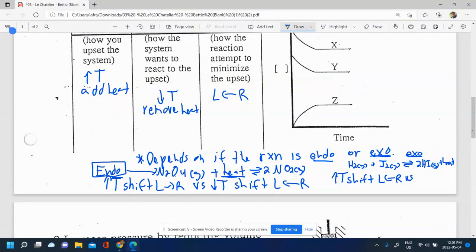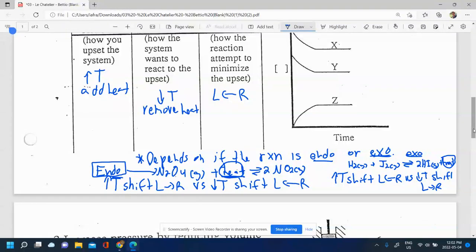But if I decrease temperature, the reaction is going to shift from left to right to add more heat that was removed. So think of the heat or energy there almost like a product or a reactant that you're adding or removing, and you want to essentially counterbalance what you've done.